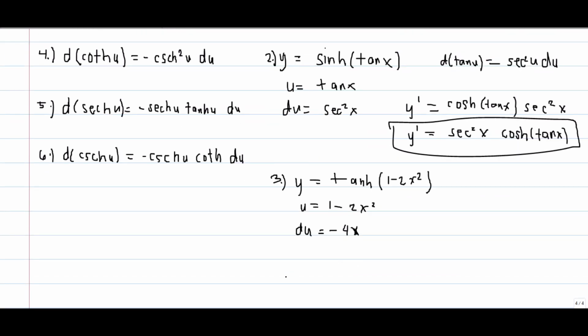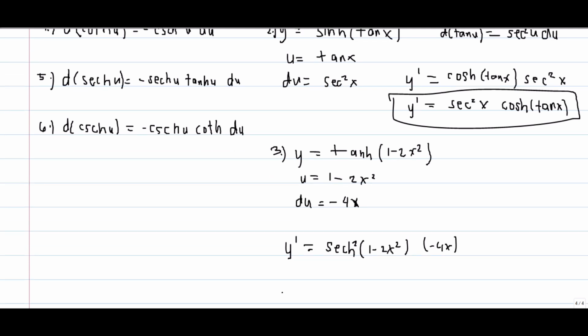Therefore we can now obtain the first derivative of the given problem. We have sech squared of u, where u is 1 minus 2x squared, then times negative 4x.